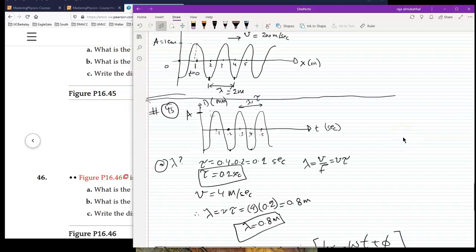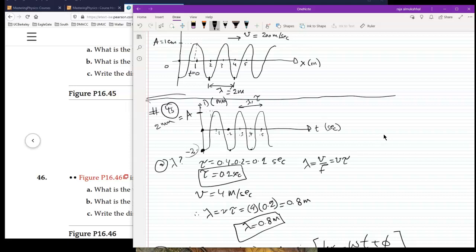Okay, that's one thing. Now, what is the displacement at t equals 0? Well, here's the time, right? The t equals 0 is right here. This is the displacement function. The function is right there, which is what? Minus 2. You see what I'm saying? So the amplitude is 2 millimeter, but the displacement, which is d, is minus 2 millimeter.